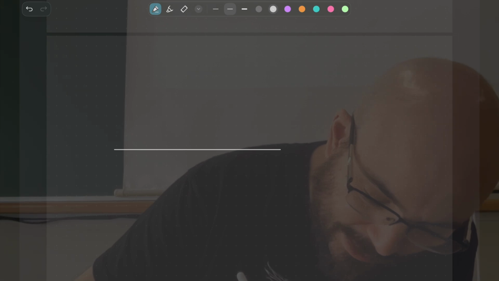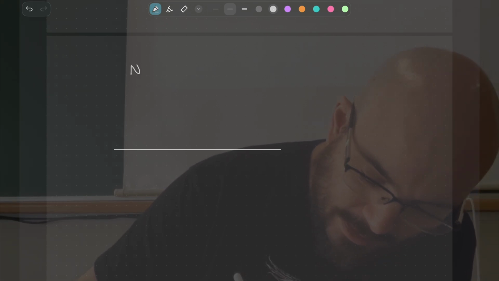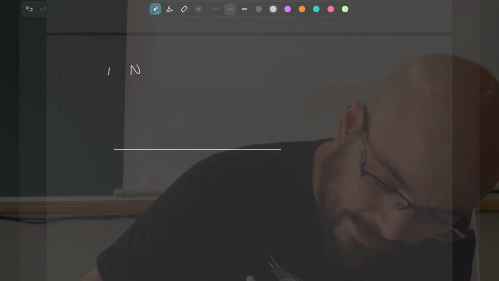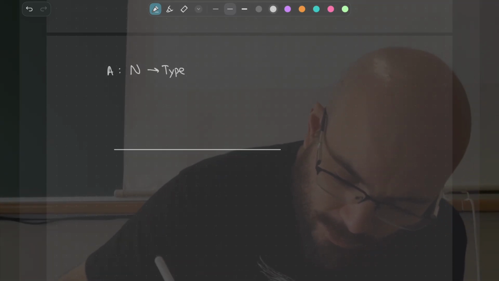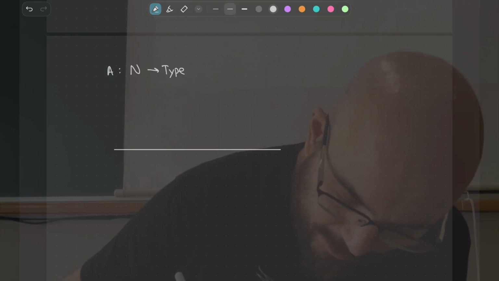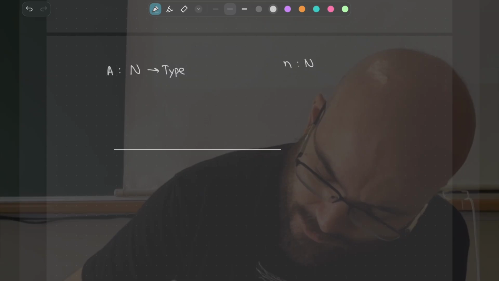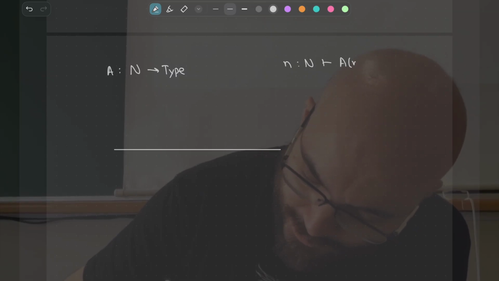So essentially what I have is something like that. I have a type family. I can write it like this, or I can write it like this. These are synonyms. As soon as you have n, then A of n is a type. Pick your favorite. I don't care.